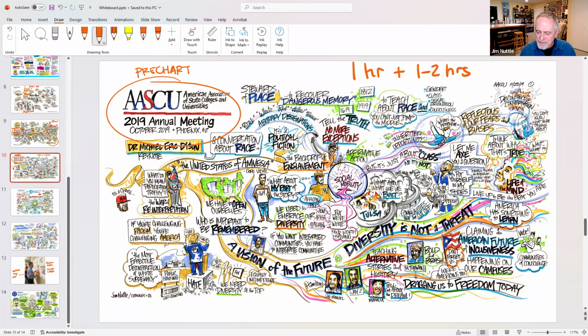I may have added some details, but about three hours max on this one. Okay, three hours. And by the way, you say you don't draw people or portraits, and there are four of them on this chart at least.